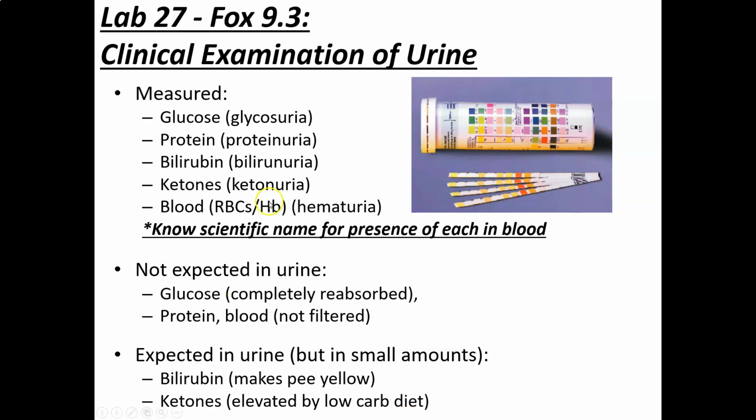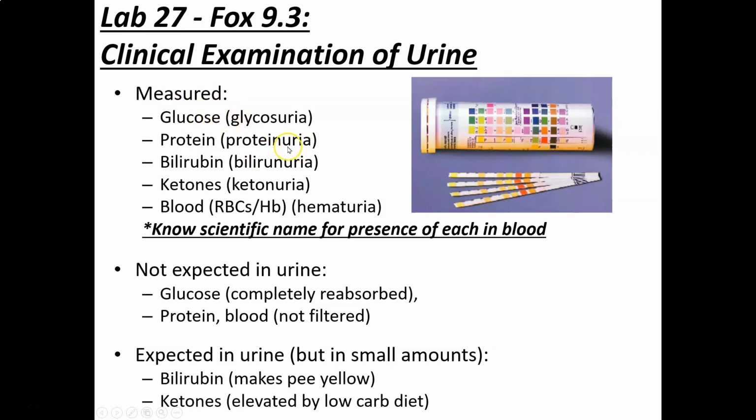All right. So getting to the clinical examination with those dipsticks that we talked about before, sometimes called clinisticks, or got a bunch of other names too, chem strips that you might see. Again, we're worried about these 5 things.